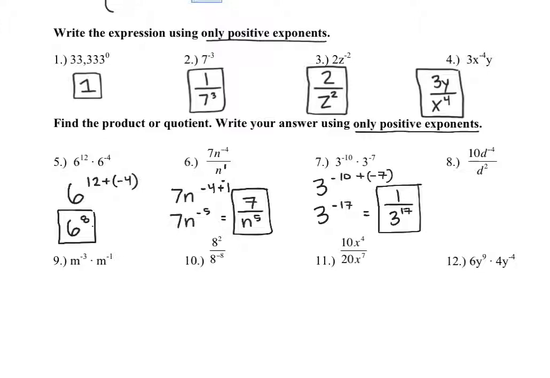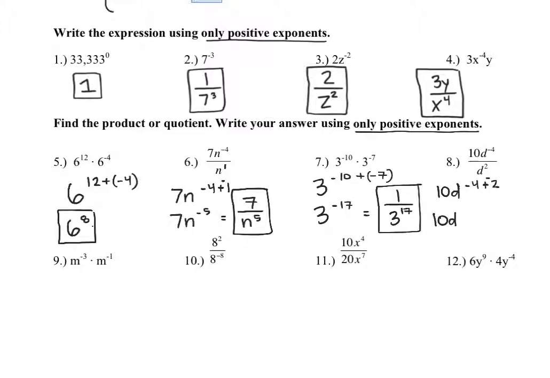All right, let's take a look at 8. The first question is, what is the base? The base is d, so I have 10d to the negative 4 minus 2. I'm subtracting those exponents since I'm dividing. And since it's subtraction, I'm going to keep change or add the opposite.